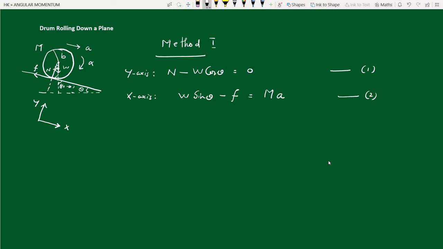Now let us consider the torque about the center of mass, about the center of the drum. Not center of mass, about the center of the circle.